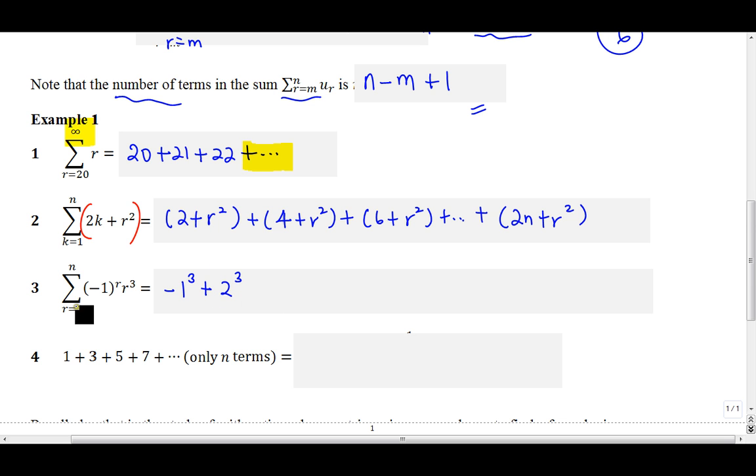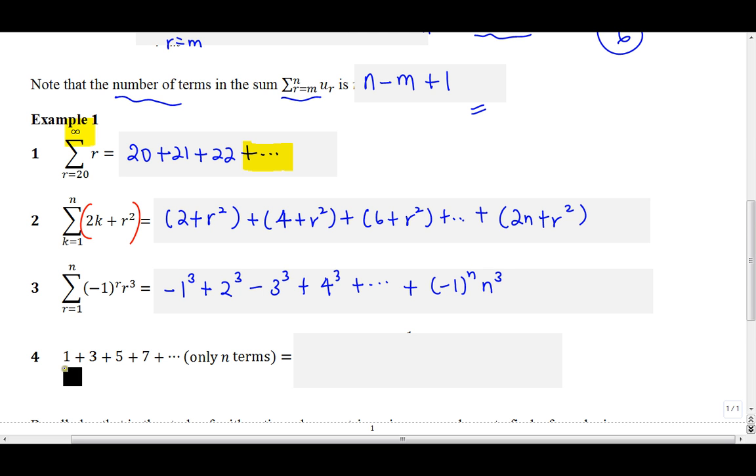And next, minus 1 to the power of 3, I will get minus. You realize that the sign alternates all the way to the last term, minus 1 to the power of n. We do not know whether n is odd or even, so we leave it as that.